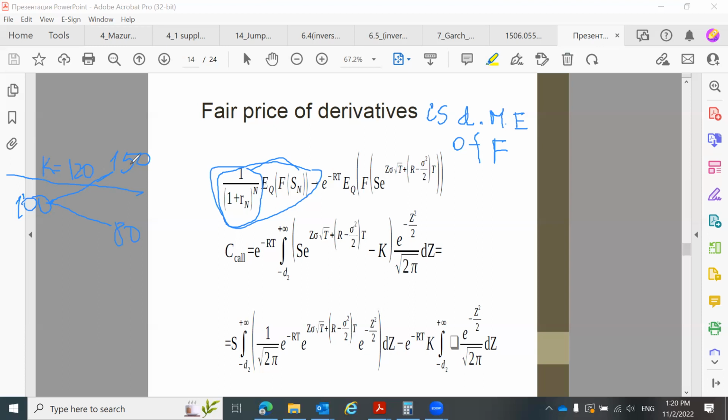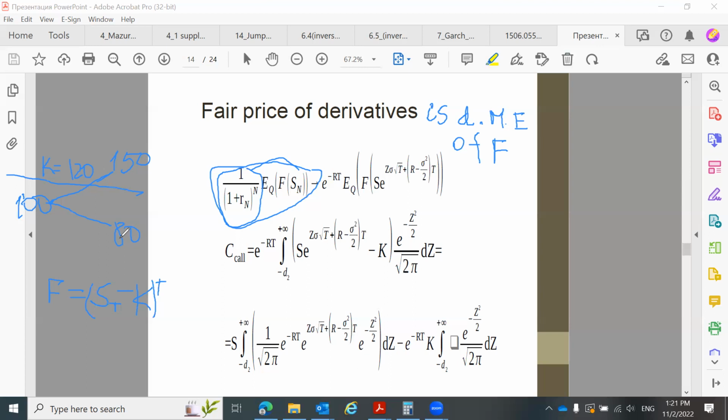But per your payoff function, it's just the difference between the current market price, ST, and the strike price K. So f equals ST minus K with plus, which means that in the up scenario it is 150 minus 120, but in the down scenario it is just zero.